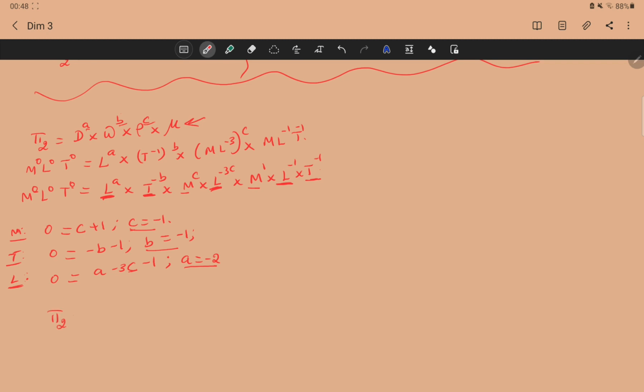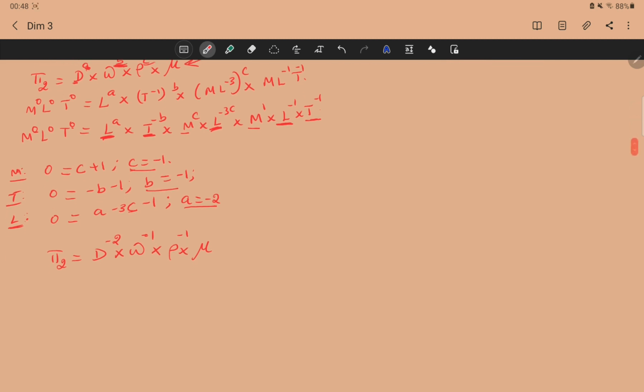So pi 2 equals D power A, we have found it to be negative 2, times omega power B, which we have found out to be negative 1, times rho to be negative 1, times mu. This is what we have found out.